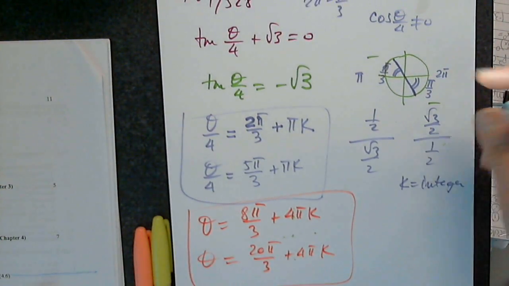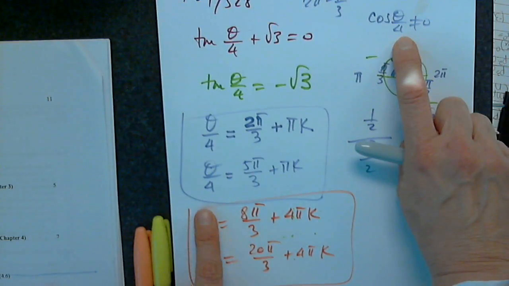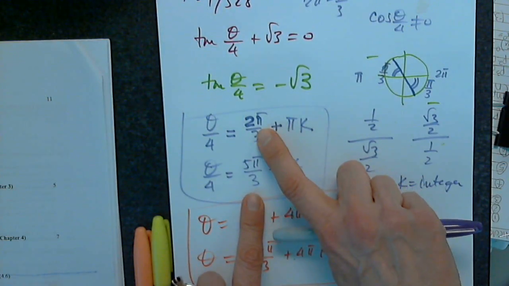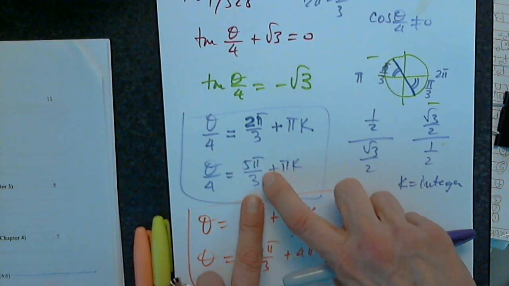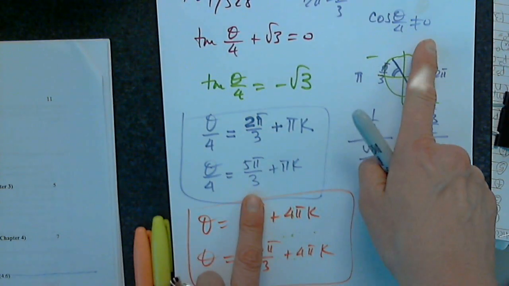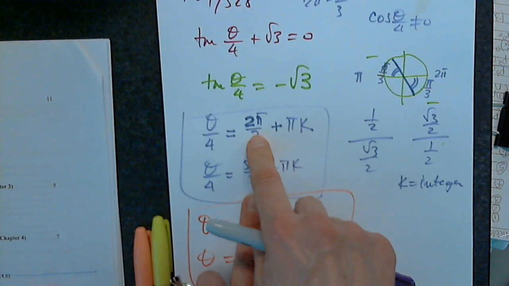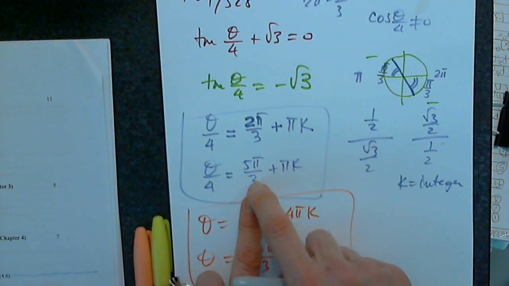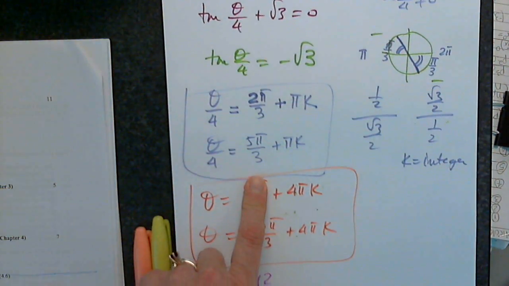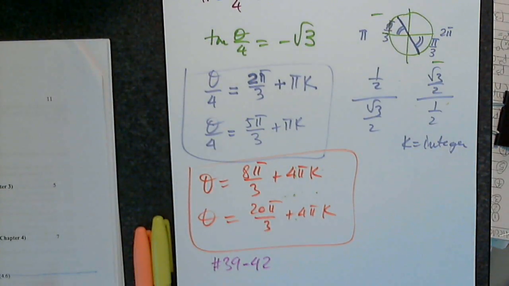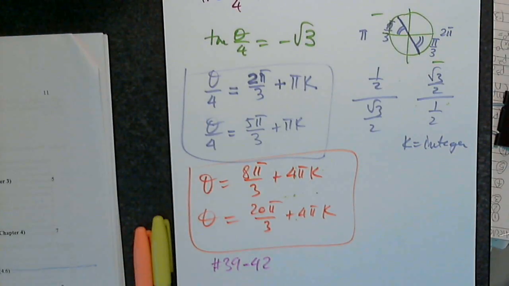Now, theta is this, or theta over 4 is this. I know that cosine of 2 pi over 3 and cosine of 5 pi over 3 are not 0. So theta over 4 is 2 pi over 3, that's not 0, and 5 pi over 3 is not 0. I have to check. Is this okay? Perfect. So let's choose now from 39 through 42.